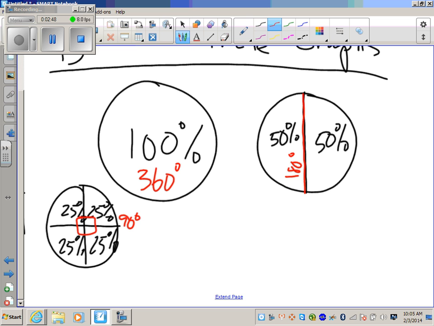And it makes sense because 90, 90, 90, 90 all together equal 360. Right? 180 here, 180 there equal 360. So the degrees will also add up to give you the total of 360 degrees. Okay? All right.